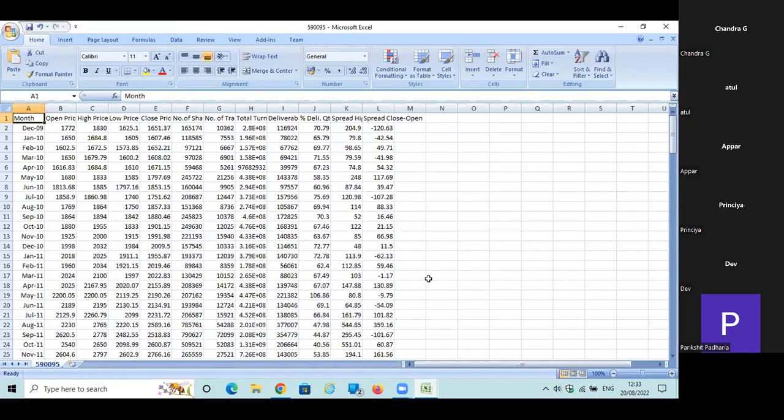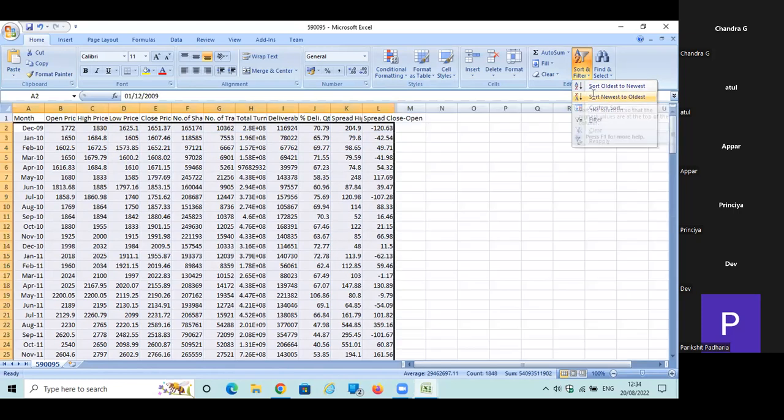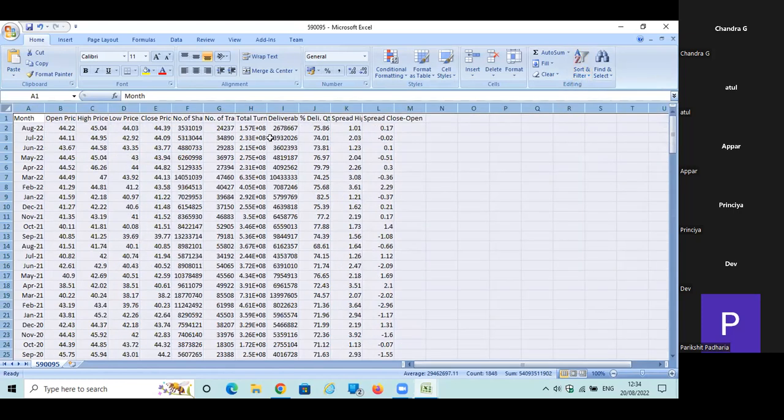Yeah, so what it is, it is in reverse, right? So sort, select all, sort, oldest to newest, newest to oldest. Yeah.